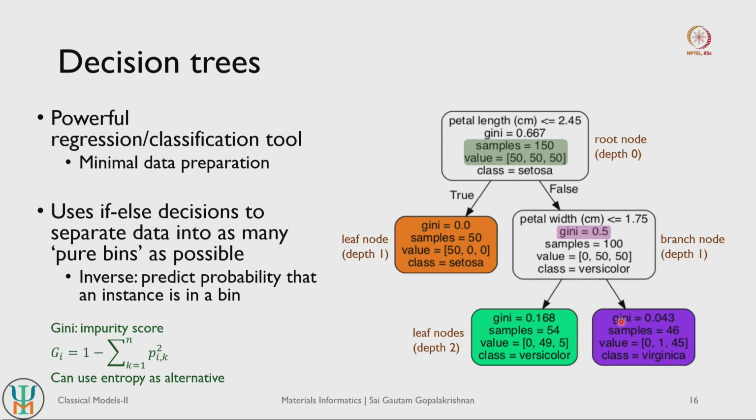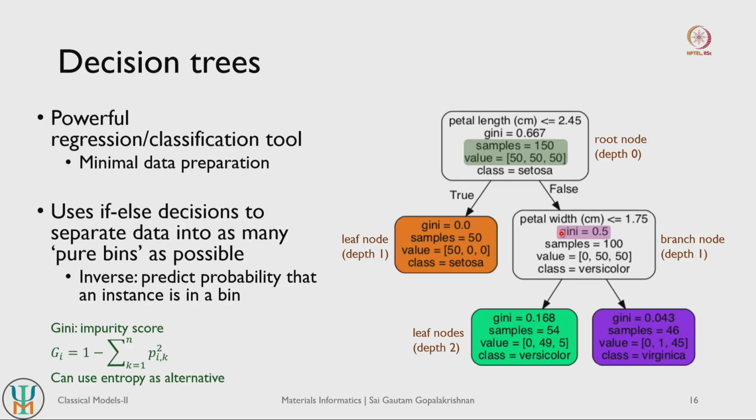So this is true, this is false here, and if you actually do this exercise, 54 data points end up being identified as versicolor, and about 46 data points are identified as virginica. But these two bins are not completely pure. Out of these 54, only 49 are pure versicolor and 5 are actually virginica.